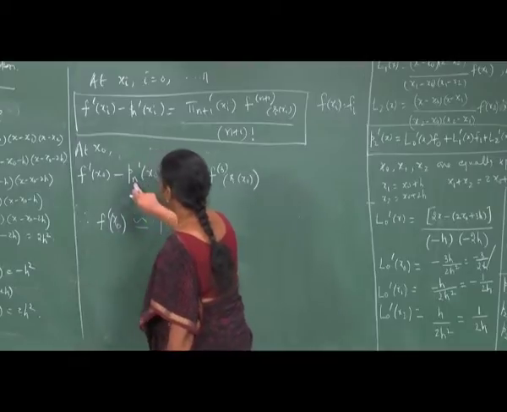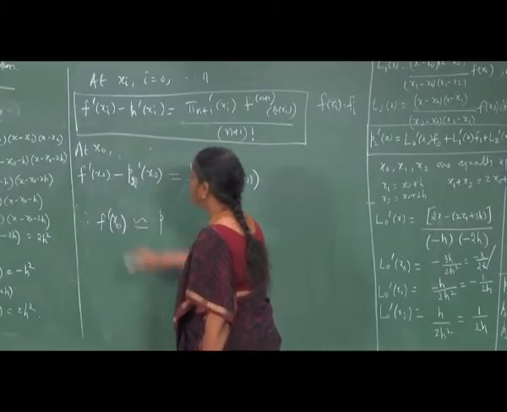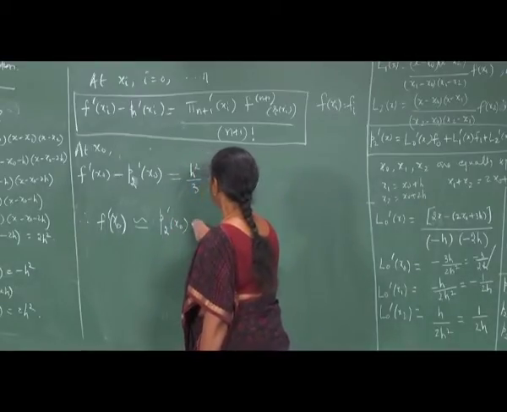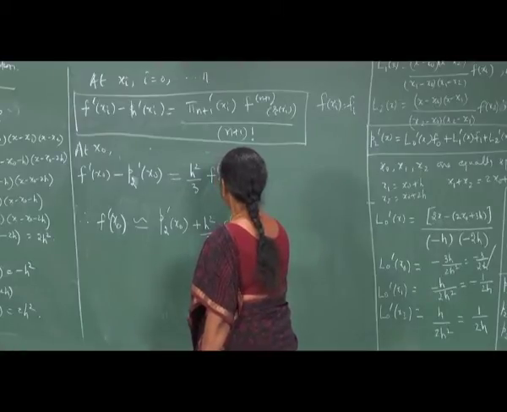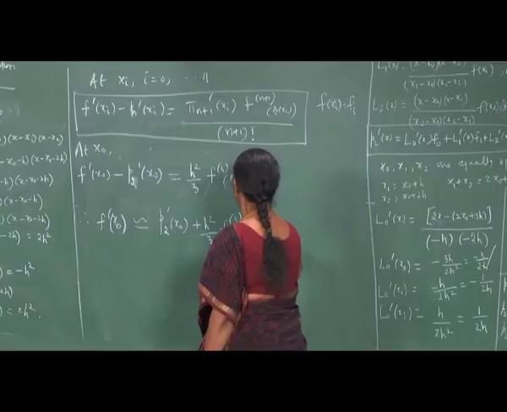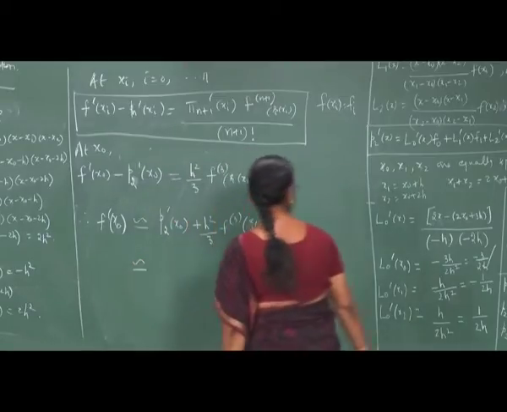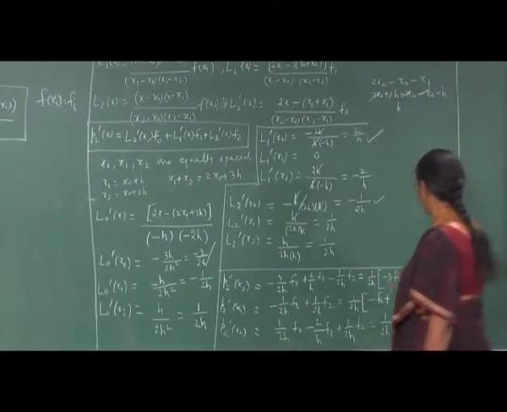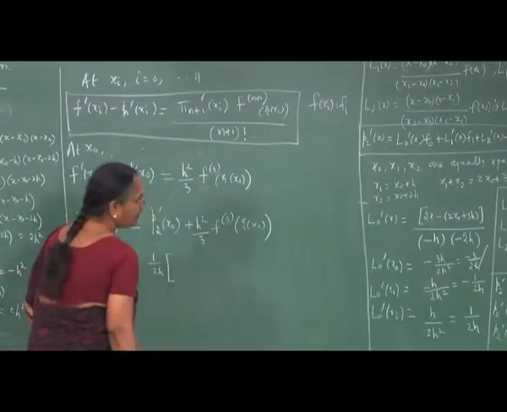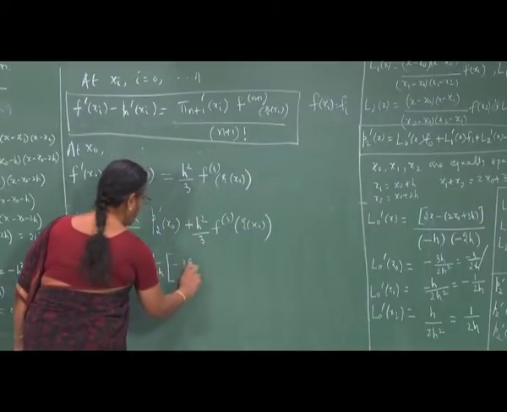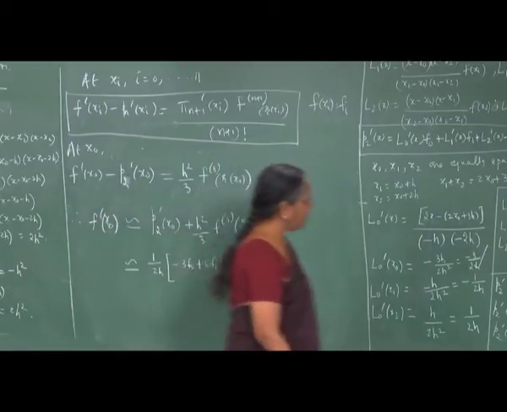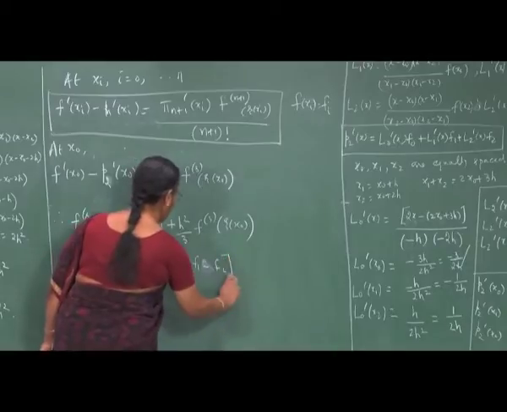approximated by, here I have approximated by a quadratic polynomial. So, I shall write this as p2 dashed. So, p2 dashed of x naught plus h square by 3 into the third derivative psi of x naught, and we have obtained an expression for p2 dashed at x naught, that is 1 by 2h into minus 3 f naught plus 4 f1 minus f2.